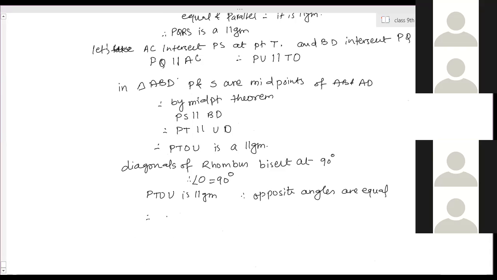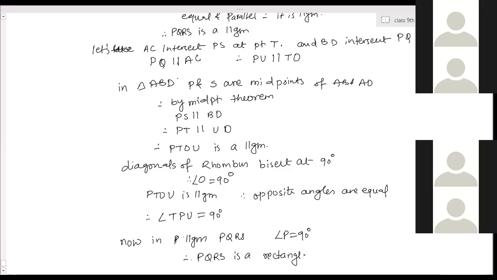Therefore, angle TPU is 90. Now in parallelogram PQRS, angle P is 90. Therefore, PQRS is a rectangle. Clear?